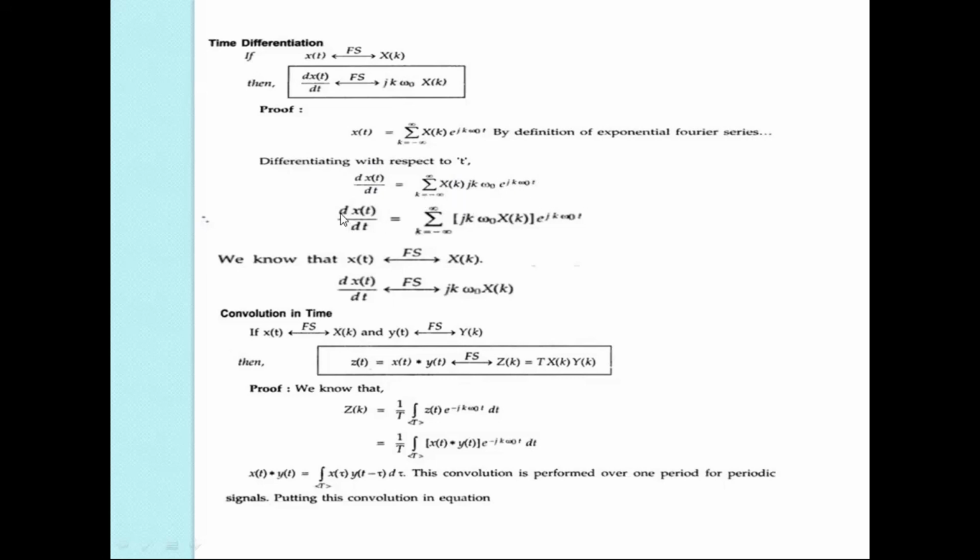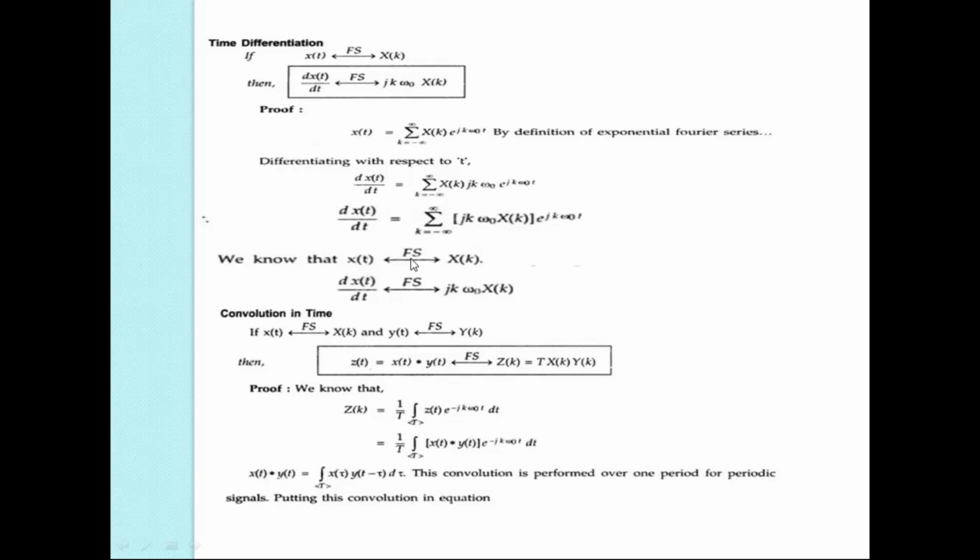Rewrite this expression as dx of t by dt equal to the sum of k equal to minus infinity to infinity j k omega naught x of k e power j k omega naught t.